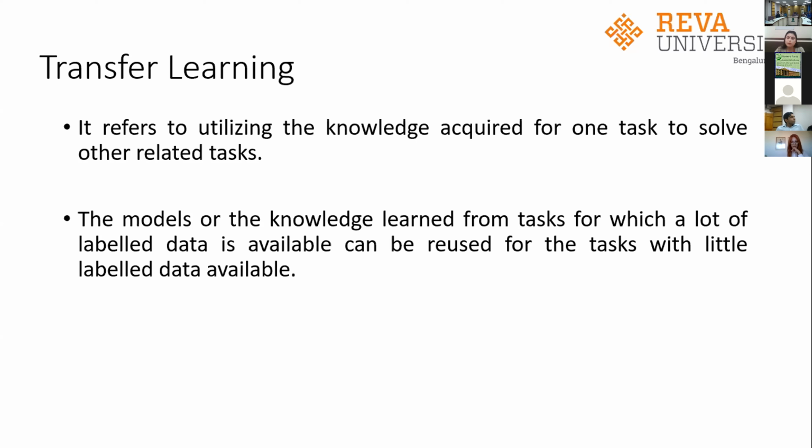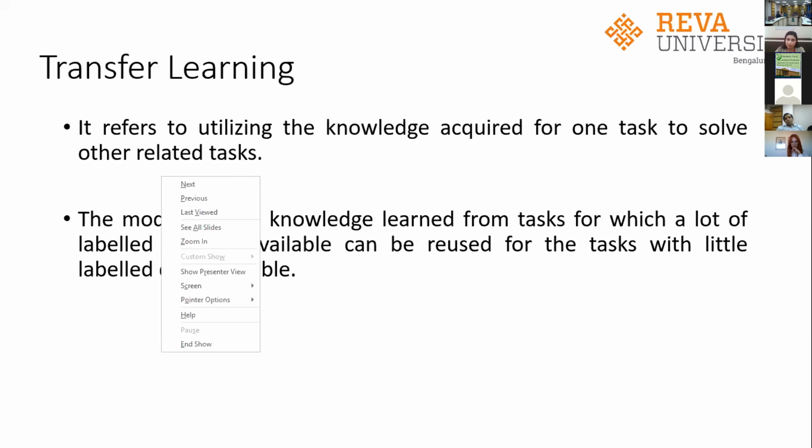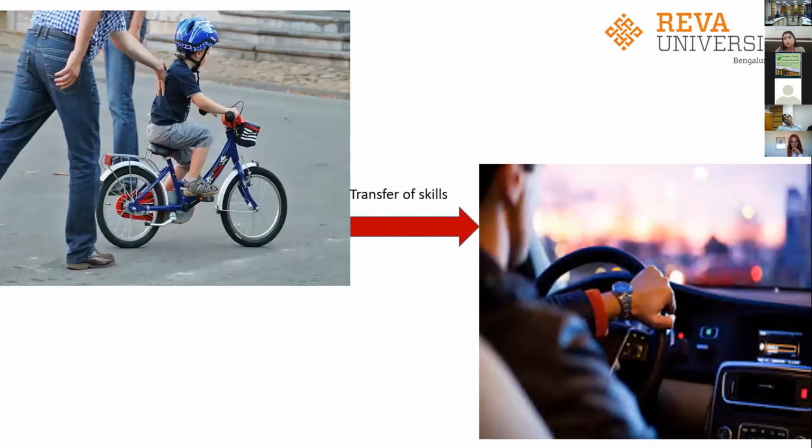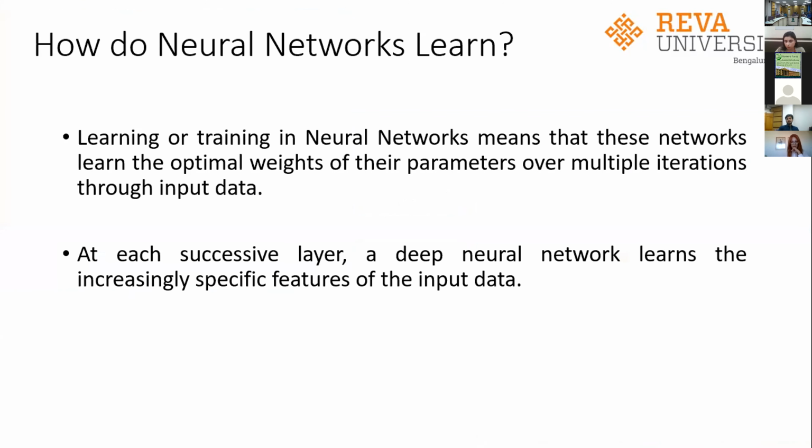For example, I have learned to drive a bicycle in my childhood, and when I start learning to drive a car, it's pretty easy for me. The control and motor skills that I learned while driving a bicycle very easily transfer to the job of learning how to drive a car. So this is the concept of transfer learning for us humans.